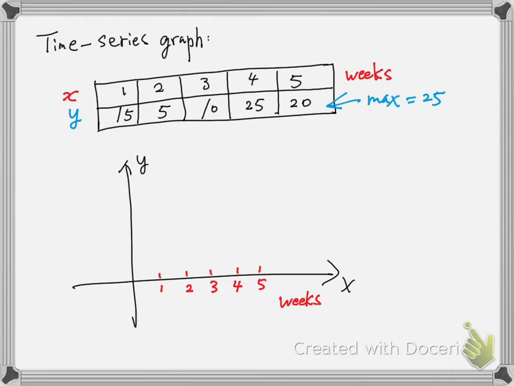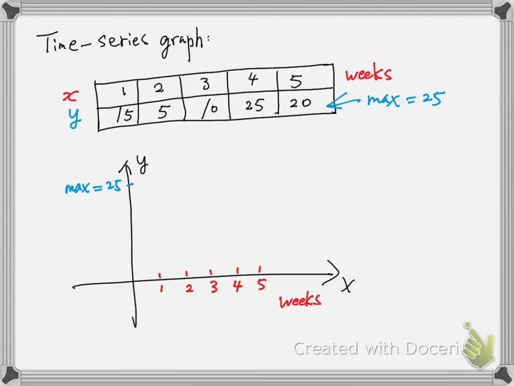In most cases we choose multiples of 5 or multiples of 10. If it's a small number, we will talk about that later. So 25 is a good number, so we just pick the maximum as the top of the labeling on the y-axis.